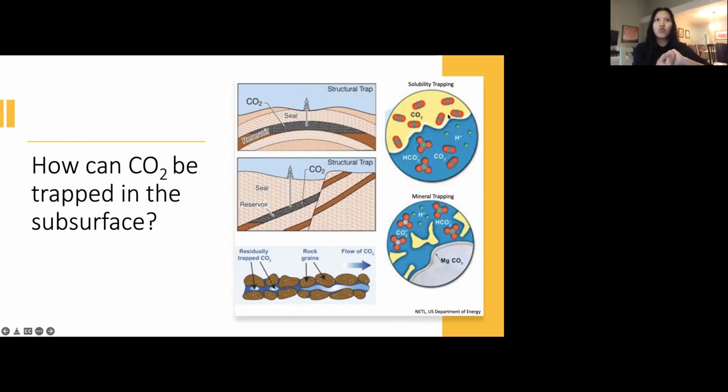trapping. When the CO2 is in the phase of solubility trapping, it's just like soda, just like Coke. You don't really see bubbles within the fluid. It's all fluid, but it actually has CO2 in it, unless you shake it, which brings pressure and makes the CO2 visible.